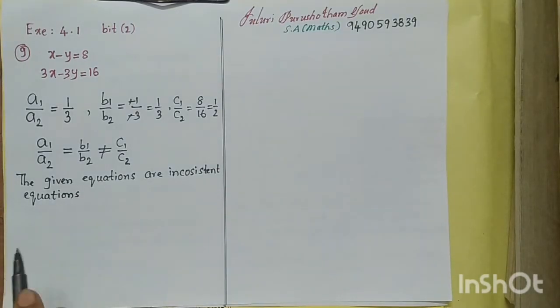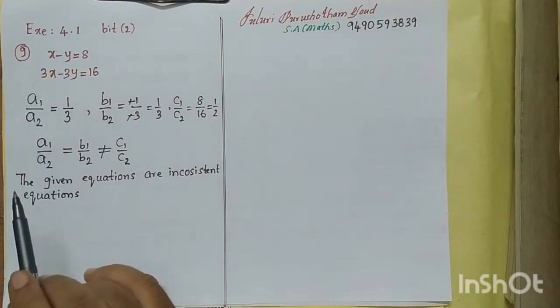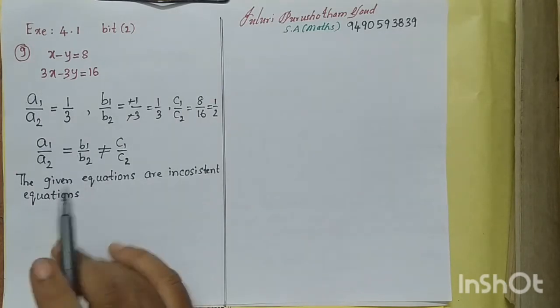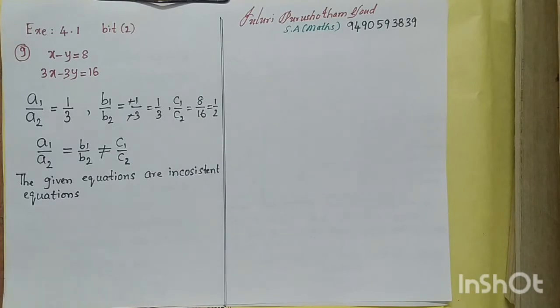Is it clear? We already know that if they are inconsistent equations, the graphical representation is parallel lines and it has no solution. But let us go through the graphical method once and check that.